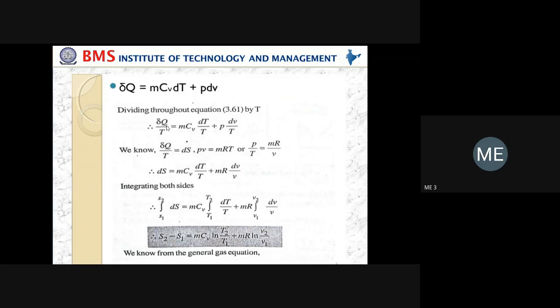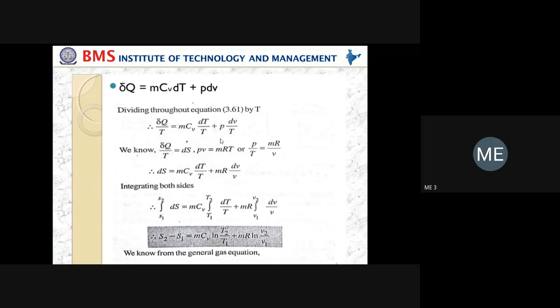dQ by T equals m Cv into dT by T plus P into dV by T. And we know that dS, the change in entropy, is the ratio of dQ by T. So dQ by T is nothing but dS. You remember, dS is always dQ by T. From the ideal gas equation we have PV equals mRT.